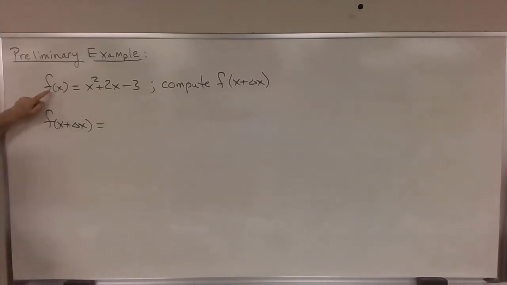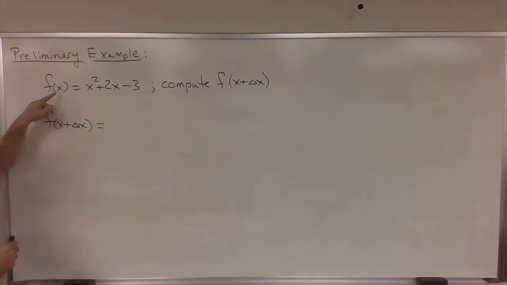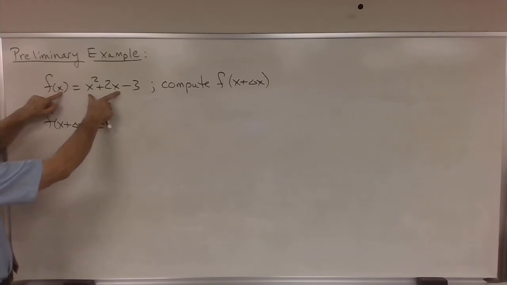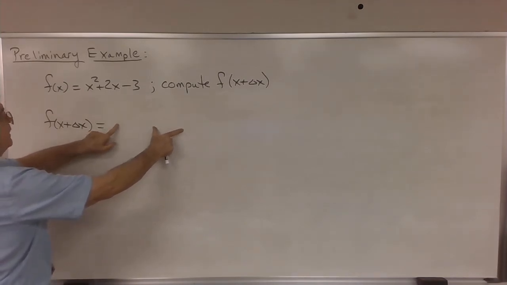See, this is our definition of the function, or our model of the function. Every place up here that we see an x in our model, we're going to put x plus delta x down here.